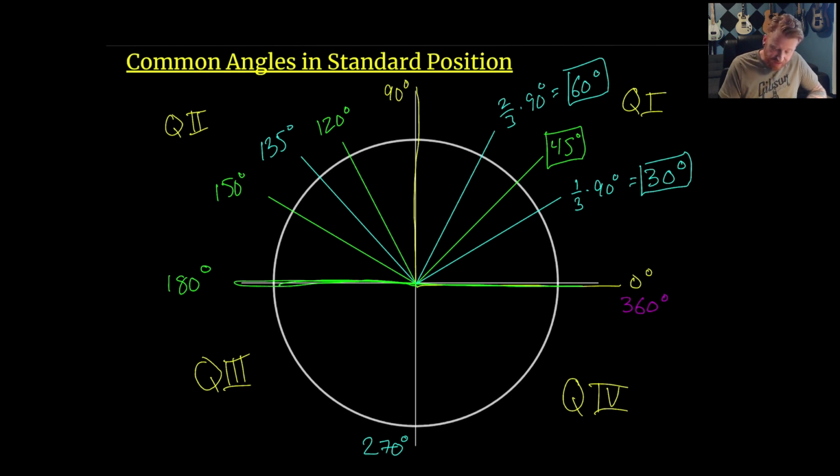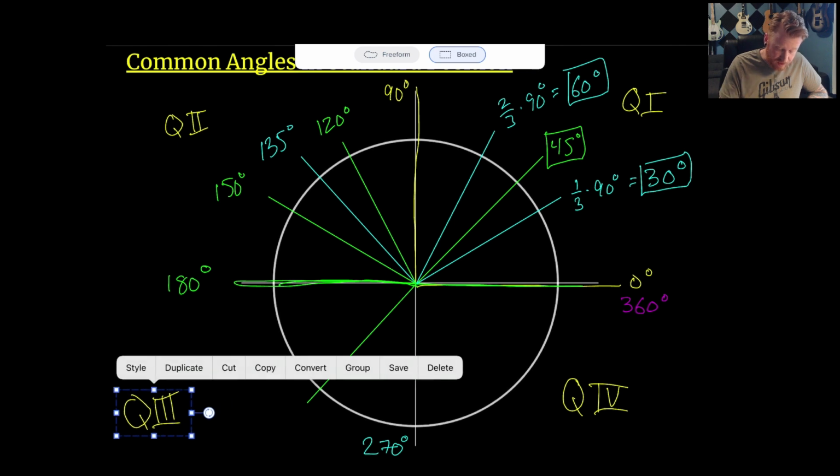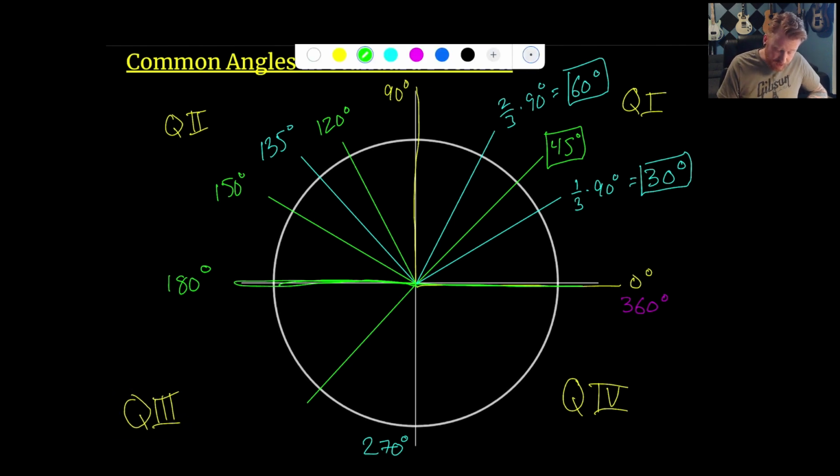Maybe just to quickly fill in the rest of what we've got, if I want to get halfway around quadrant 3, from quadrant 3 to quadrant 4, let me just move this out of the way. Now this is going to be 180 plus 45 degrees, which gives us 225 degrees here.